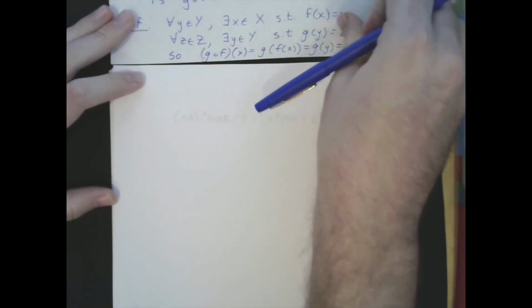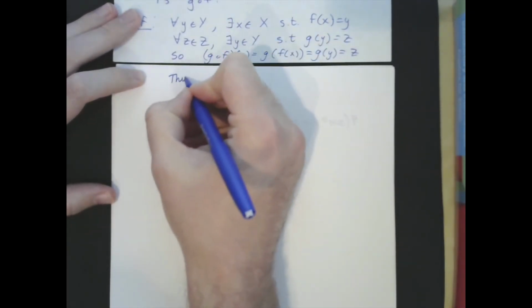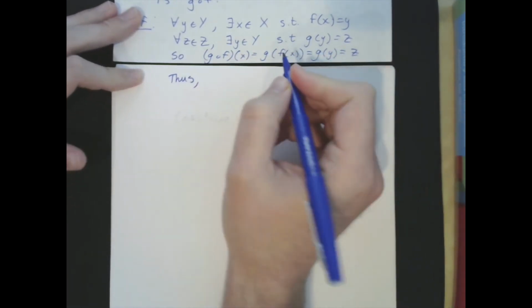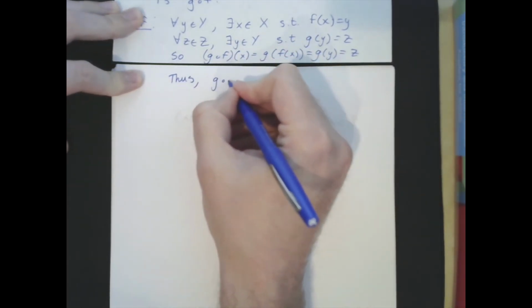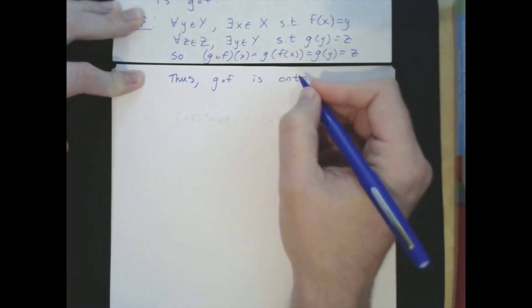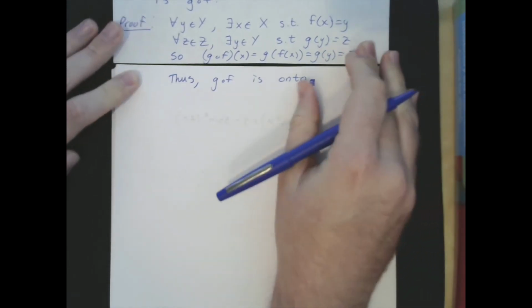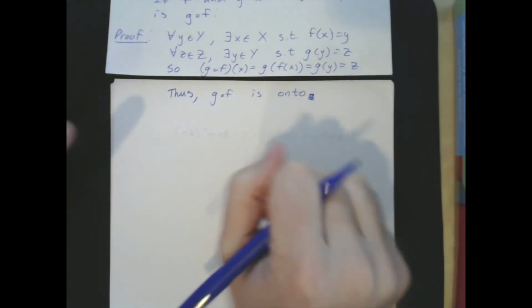Thus, g circle f is onto. So that's the proof that is submitted.